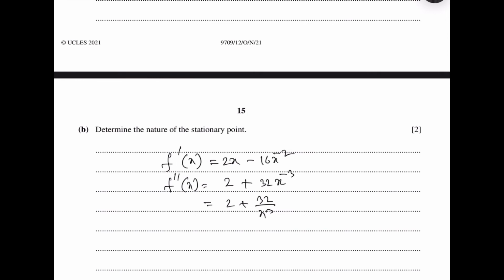If I substitute the value of x here, it is 32 divided by 2 cube, that means 8. So it is 6, greater than 0. If it is greater than 0, that means the stationary point is a minimum.